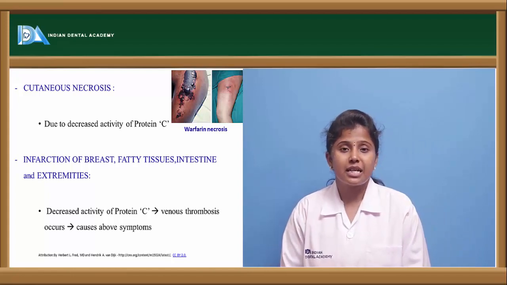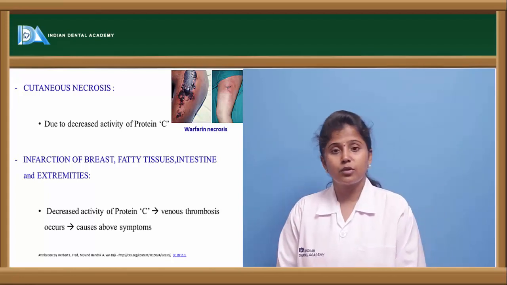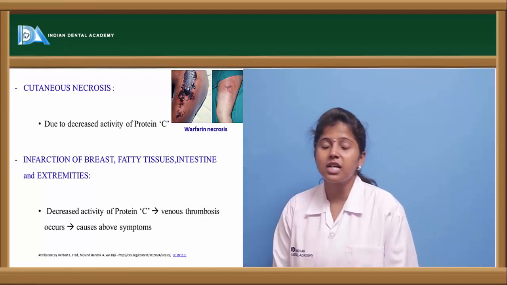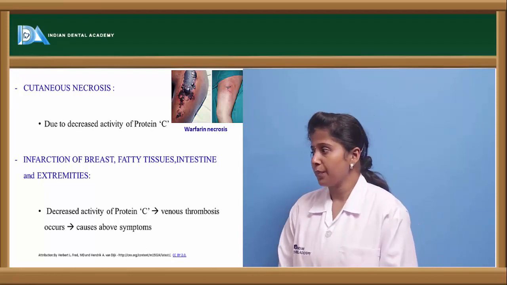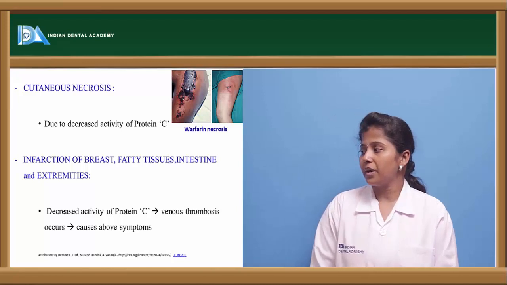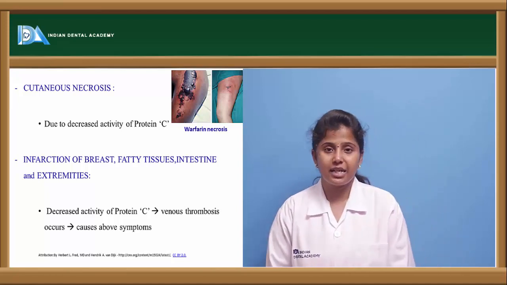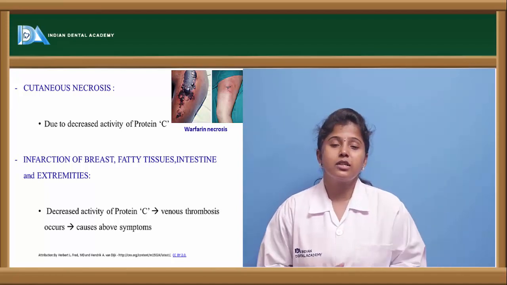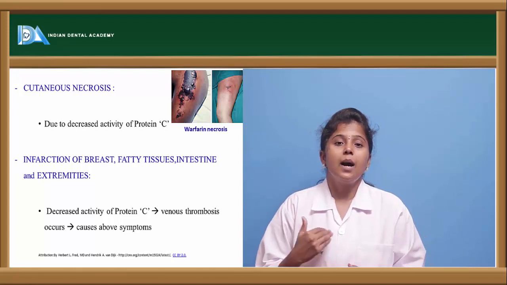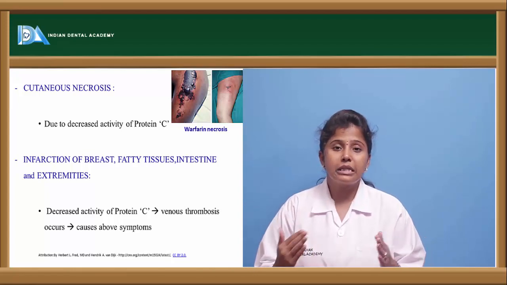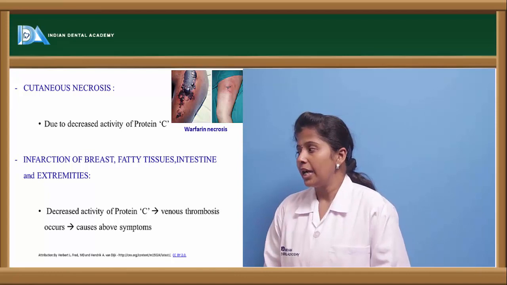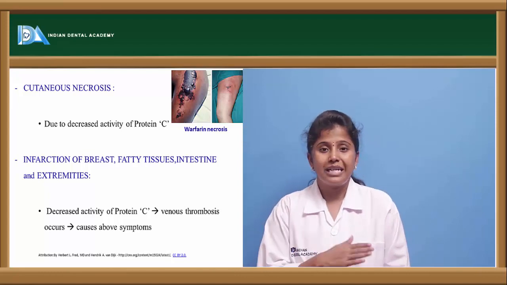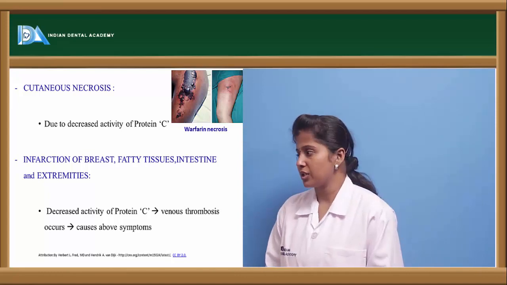So the activity of this protein C is decreased, and thereby there occurs necrosis or damage to the tissue. And it causes infarction of the breast, fatty tissues, intestine as well as extremities. Here these tissues are replaced by fibrous tissue or other adipose tissues, and it leads to various adverse drug reactions.